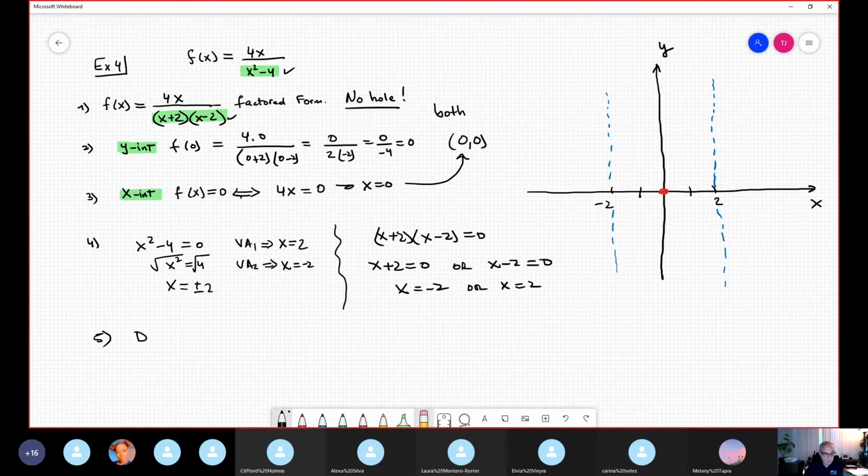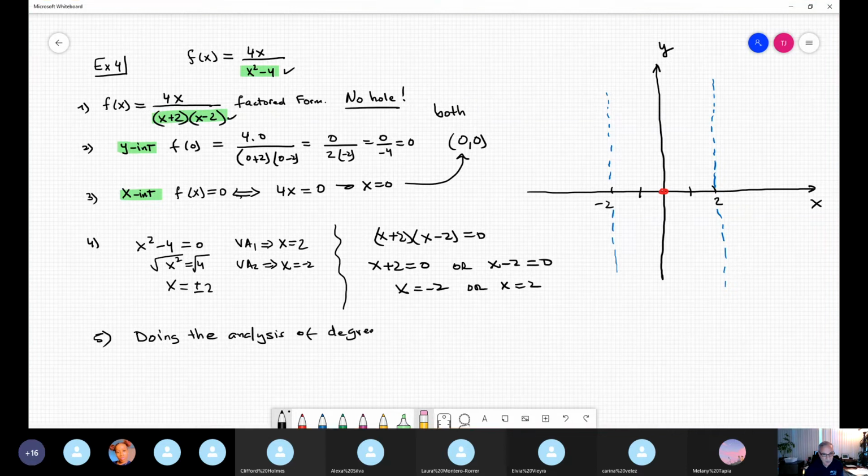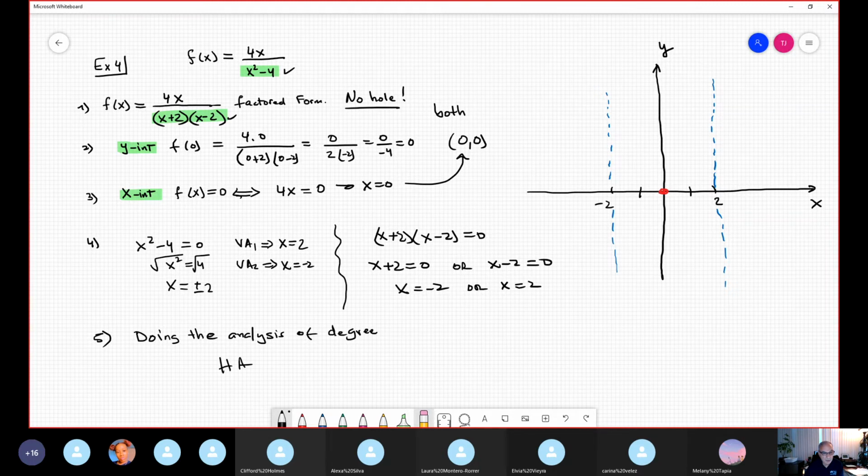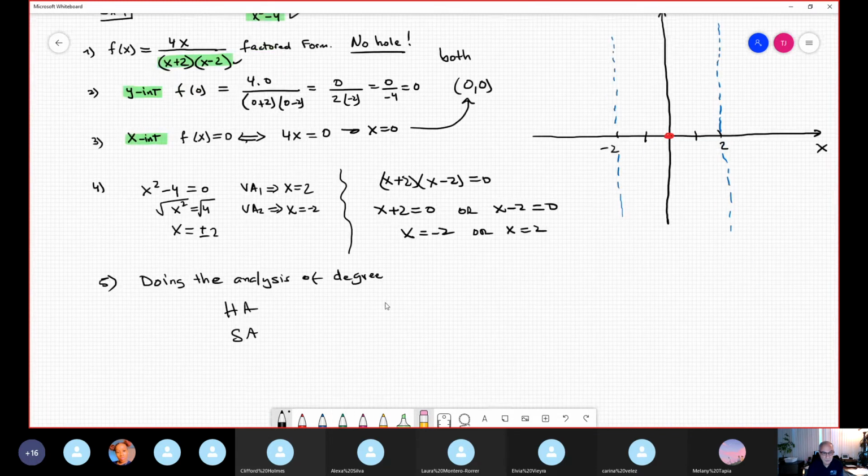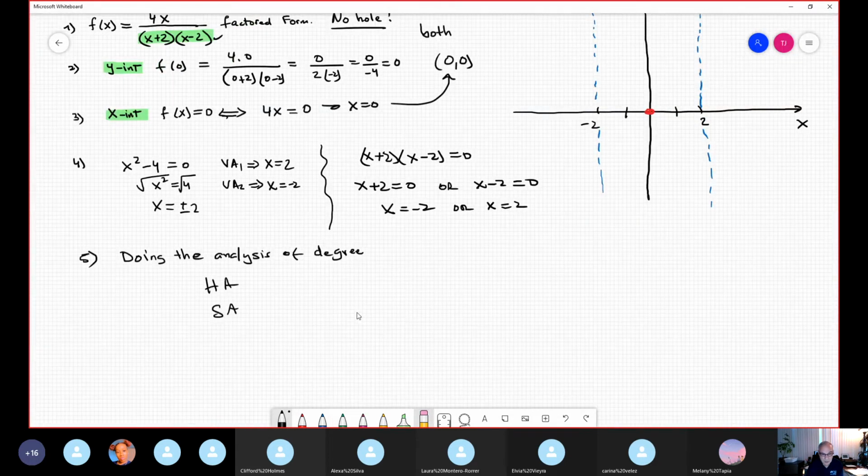Number 5: doing the analysis of degree, we determine if we have a horizontal or a slant asymptote. What do you think? Horizontal, yes or no? Slant, yes or no? Come on, with participation, I need help.